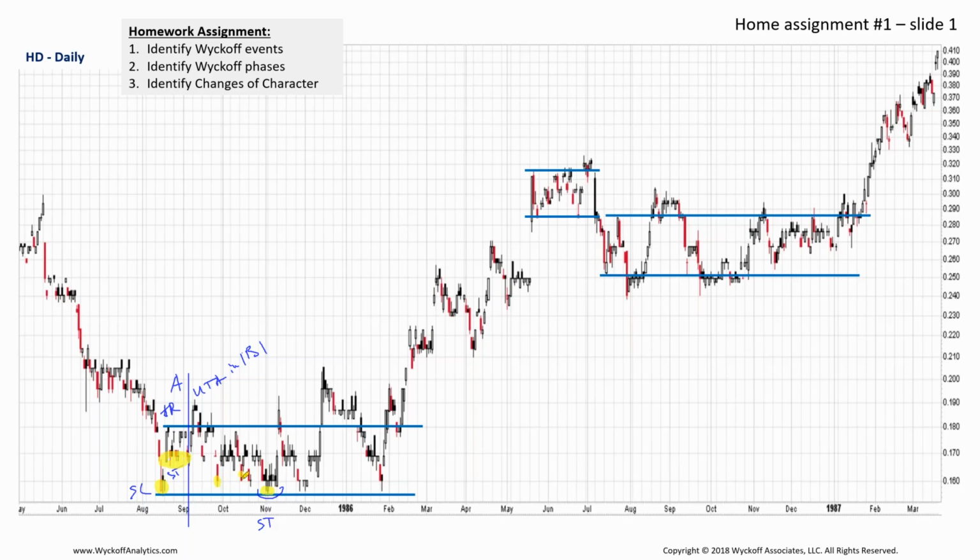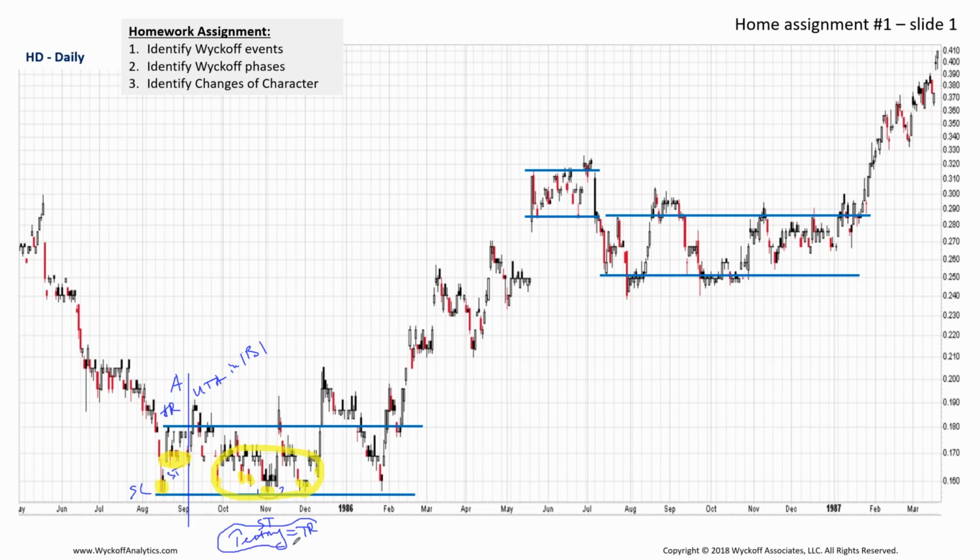But there are quite a lot of those tests around this area. There are one, two, three, four, five tests, maybe even six tests. And you could see from the texture of the price that it's all together. It's not just separate tests. It's the testing that takes some time and produces a trading range.